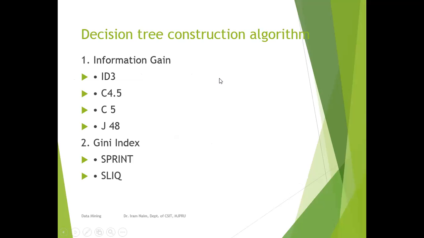Then we have different tree construction algorithms where information gain is used. That is ID3, Iterative Dichotomiser 3, and then C4.5, C5, and J48. The Gini index is used by SPRINT, CART, and similar algorithms.